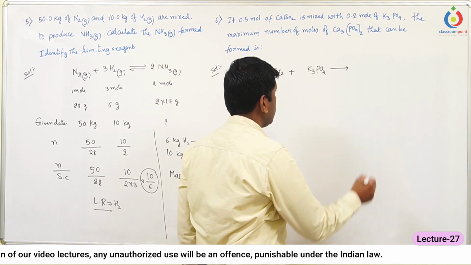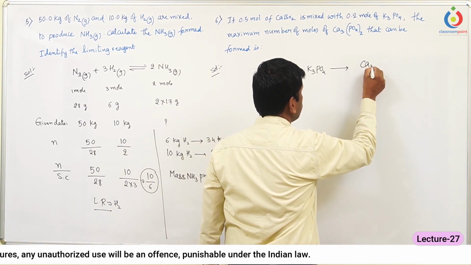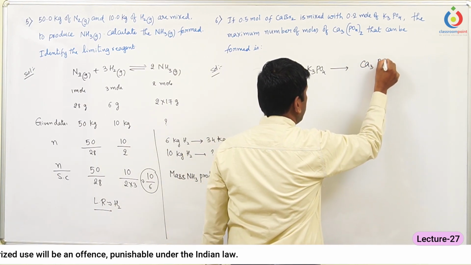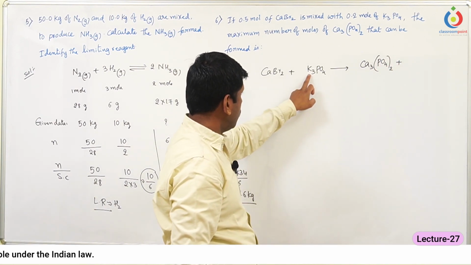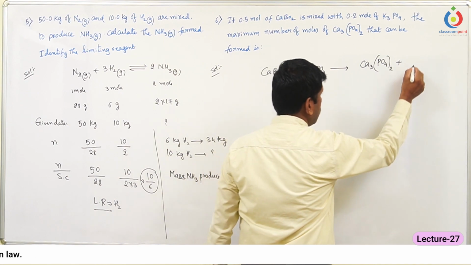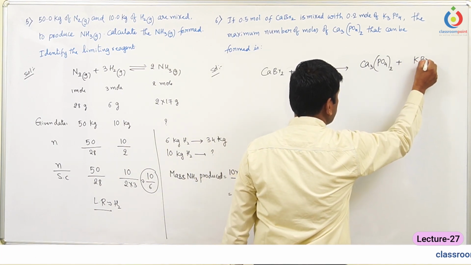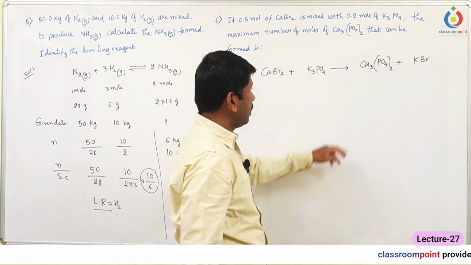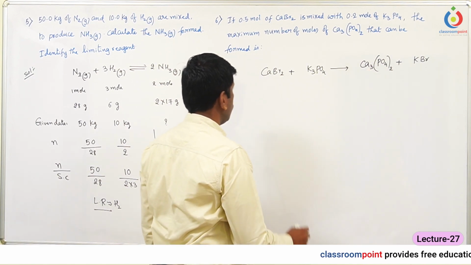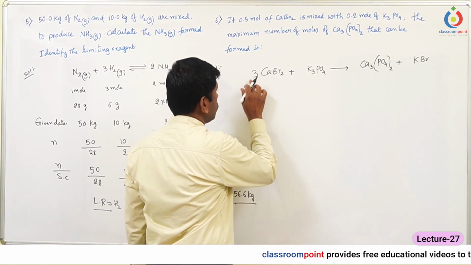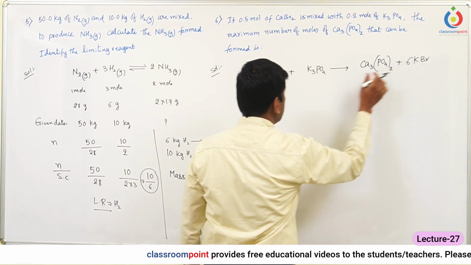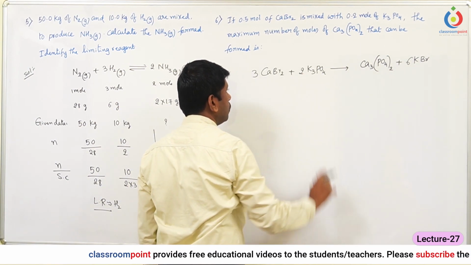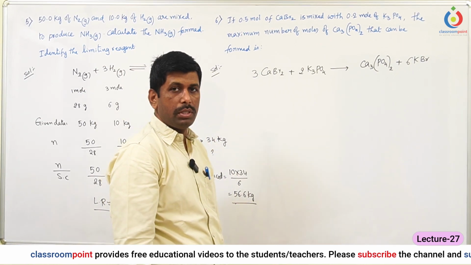So let's write down the equation here. Ca3(PO4)2, and potassium combines with bromine to form potassium bromide. Here 3 calciums are there, so you put 3, so 3 into 2 bromine gives 6 bromine, 6 potassium, so 2 into 3 equals 6 potassium.